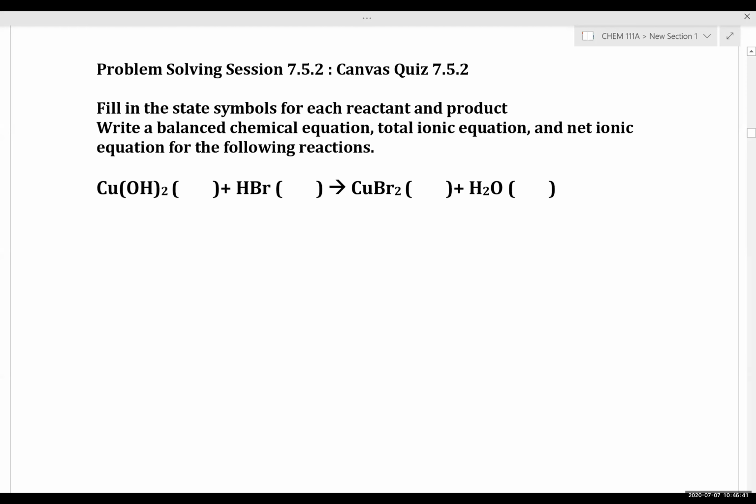And the state symbols I see submitted in the chat look great so far. And we'll discuss the first part of this example in about another minute to a minute and a half.